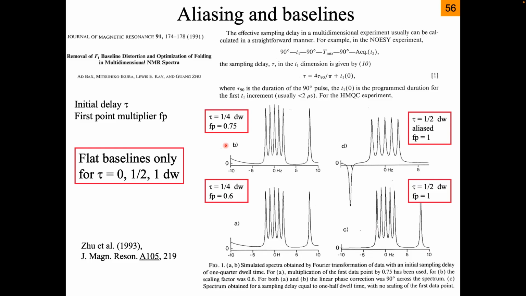But you can achieve 0 evolution in these constant time experiments where you have a refocusing pulse in the middle, and then the initial evolution is refocused, and only after you move the central 180 away, you have chemical shift evolution. Yeah? But only in these 3 cases, you get a flat baseline. In all other cases, something is not so nice.